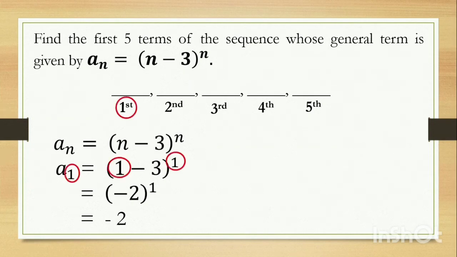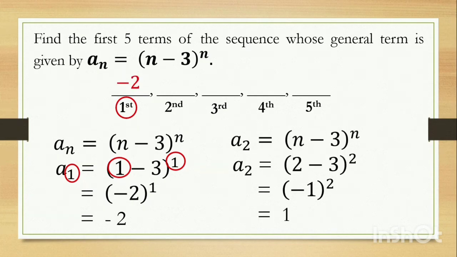So magsa-substitute tayo ng 1 doon sa mga n since ang hinahanap natin ay first term. So let us solve 1 minus 3, that will become negative 2. And negative 2 raised to 1 is negative 2. That will be our first term.